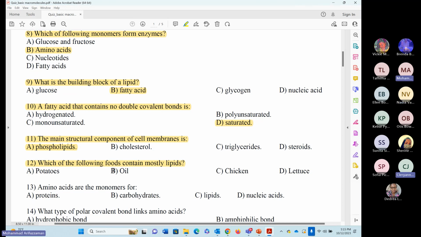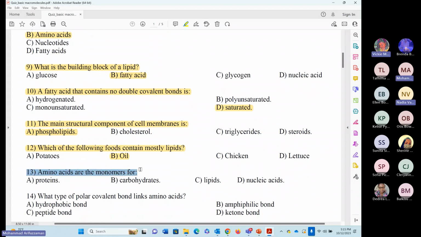Yes, correct. What about potatoes? Starch, carbohydrate. What about chicken? Protein. And lettuce also contains some carbohydrate, protein, and some minerals and vitamins. Good.